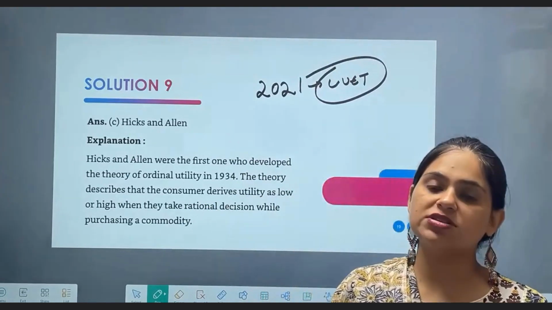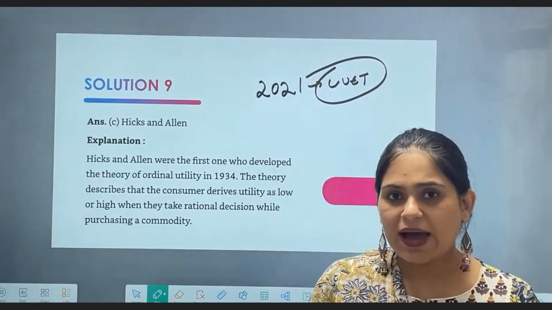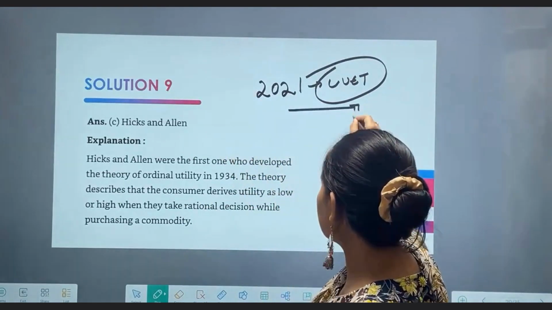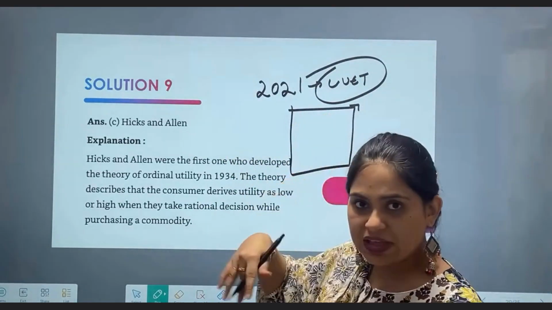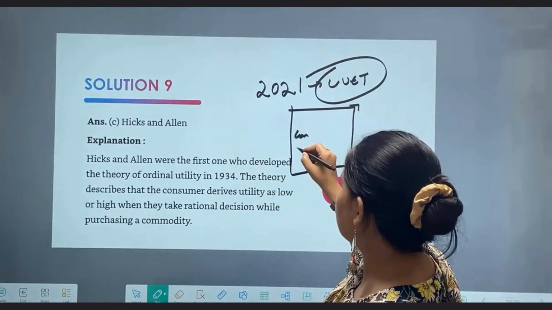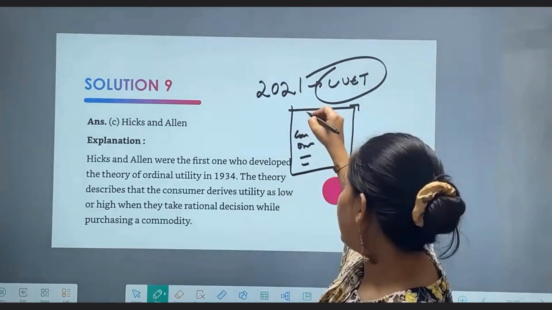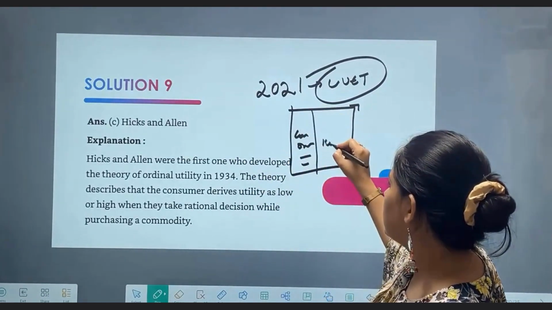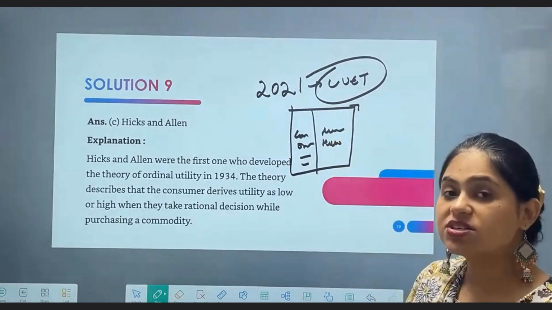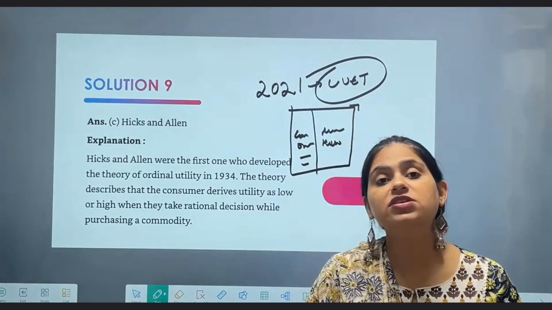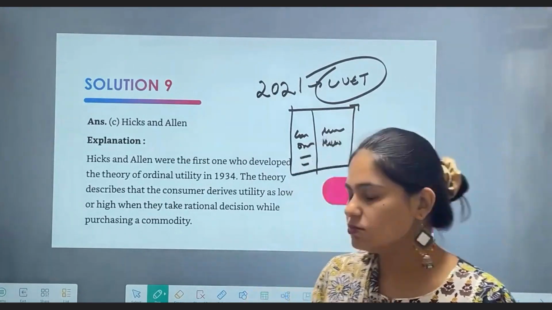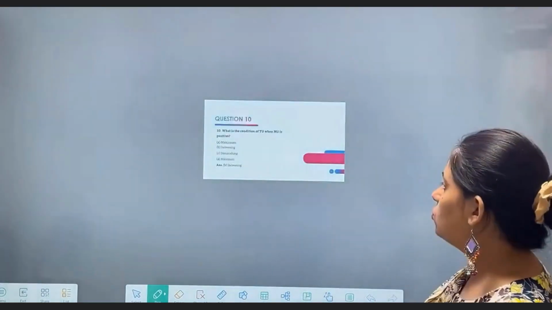Either they asked directly or it was in a match the following, as far as I can remember, where they gave 4 concepts: cardinality, ordinality, and 2 more. And here they gave Hicks and Allen, and here they gave Marshall, and you had to match. Such questions are very common even in CUET, where they ask who derived what. Okay, come to the next question.